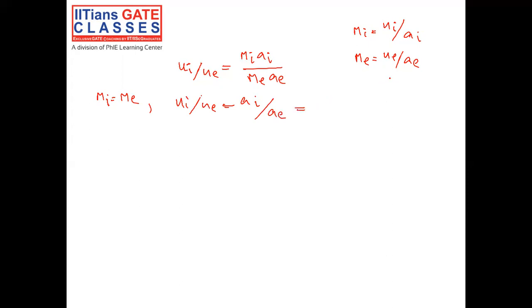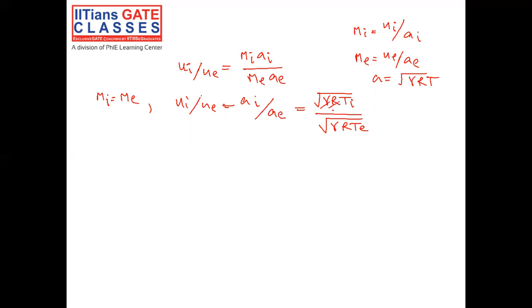So this A can again be written as root of gamma RT, where T is temperature, R is gas constant. So AI will be equal to root of gamma R TI, and AE will be equal to root of gamma R TE. Gamma is the ratio of specific heats, R is the gas constant, TI is the temperature at the entry of the engine, TE is the temperature at the exit of the nozzle.